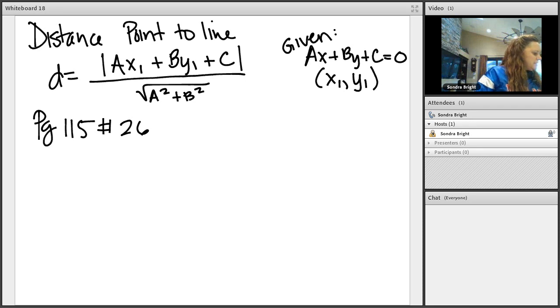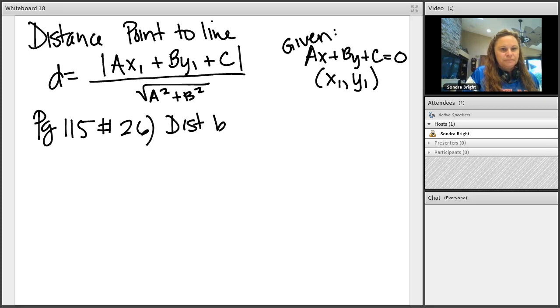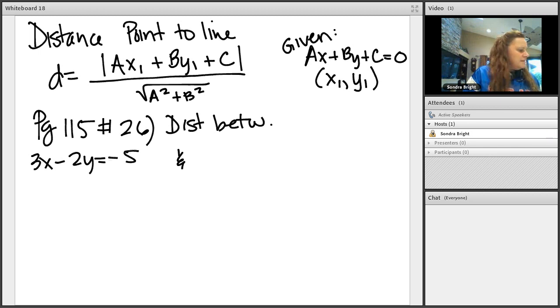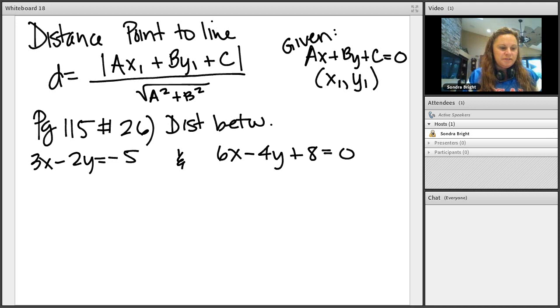Find the distance between these two lines. They gave us two lines: 3x minus 2y equals -5, and the line 6x minus 4y plus 8 equals 0. And they want us to round to the nearest hundredth.